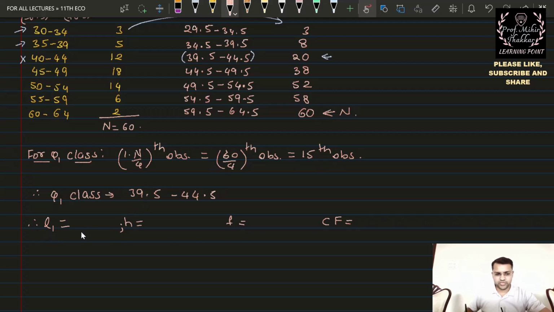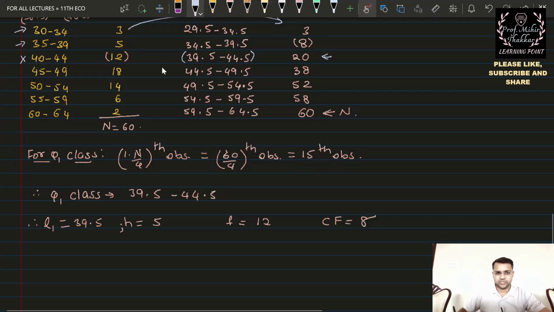The lower limit value over here is 39.5. H is the difference between the upper and the lower limit of the continuous class. 44.5 minus 39.5 will give me 5. Frequency of this same class is 12, but the cumulative frequency of the above class is 8.